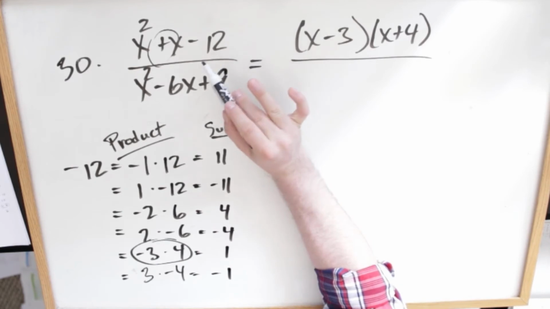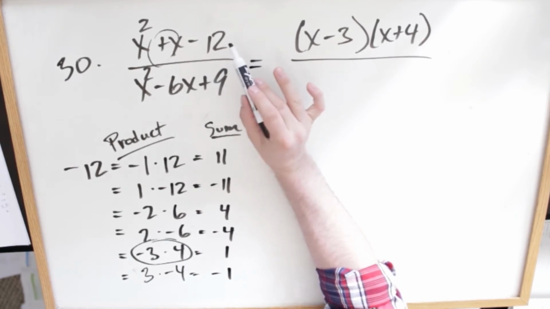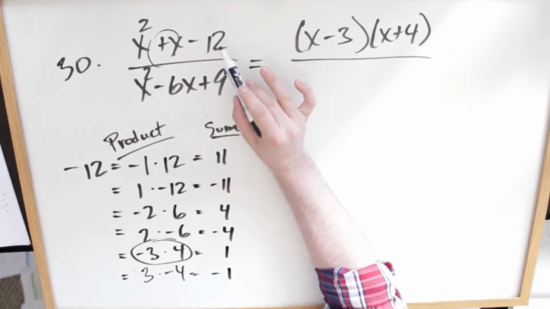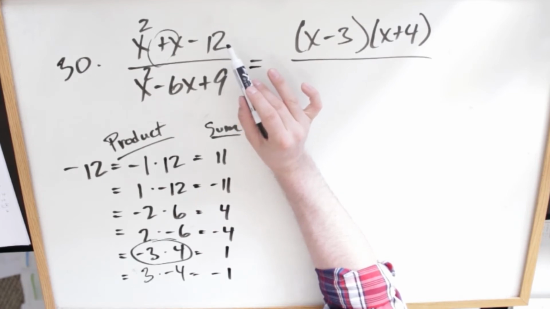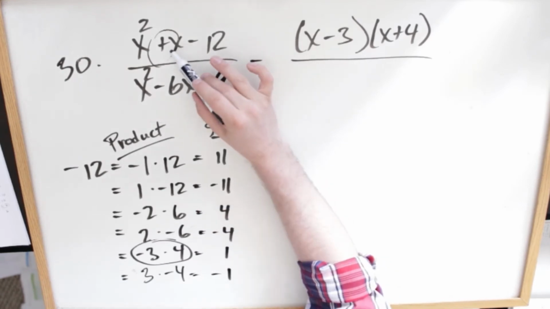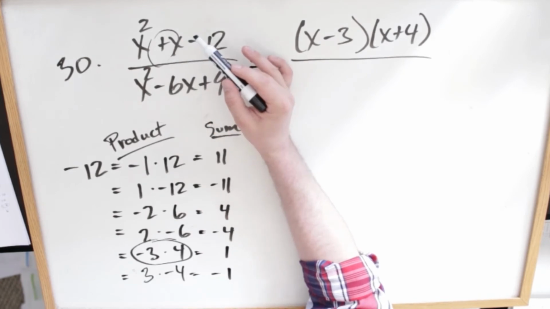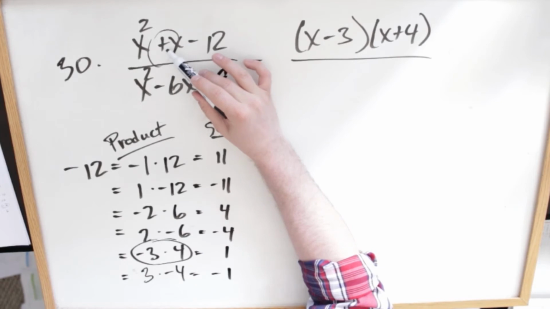I'm not going to even think of the positive and negative signs at all. So the factors of just 12 are going to be 1 and 12, 2 and 6, 3 and 4. Some combination of those numbers will give me a positive 1. Well, I know it's 3 and 4. They're just 1 separated by 1. And then if the number here is positive, that means the bigger number in those factors is also going to be positive.